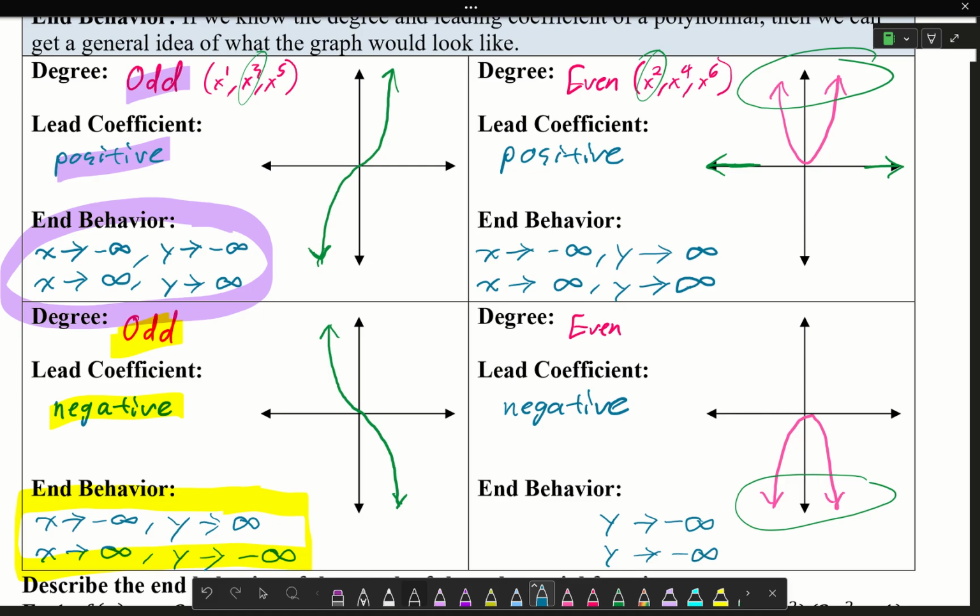Okay, so notice again on the right side that for these even ones with the even degree, you're going to get the y's moving in the same direction together. Whereas with the odd ones, you can definitely see the y's split in different directions. Okay, some key things to remember.